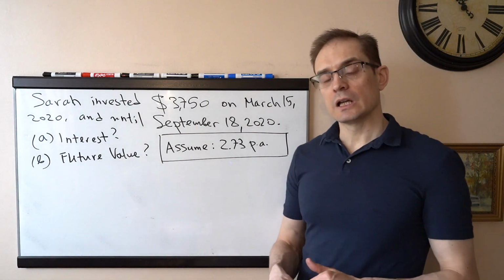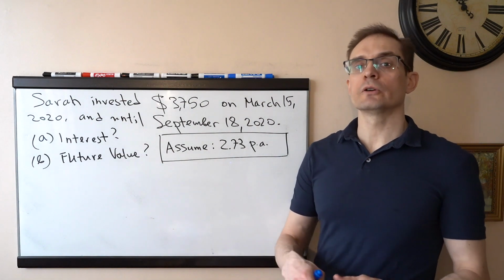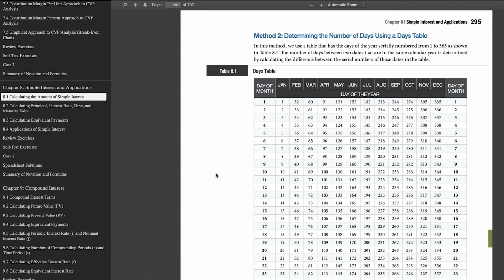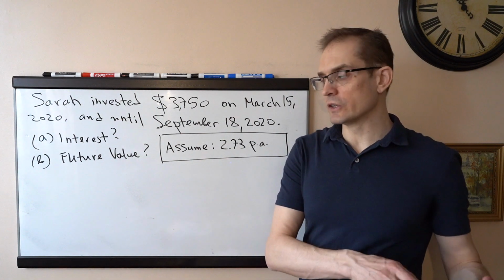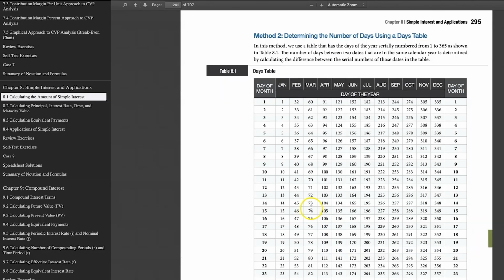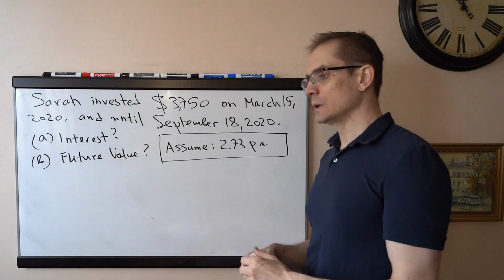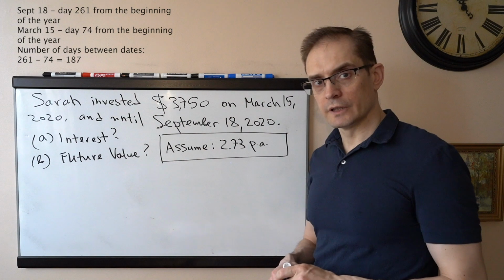Or there is another way, which is to use a table. Many textbooks, for example your textbook, have a table which allows you to compute the number of days between dates pretty straightforwardly. In that table you can locate your later date, in this case September 18. The table would show you how many days passed since the beginning of the year up to September 18. And then you will also find the number of days from the beginning of the year up to March 15. And then you just subtract these two numbers to get the correct number of days.